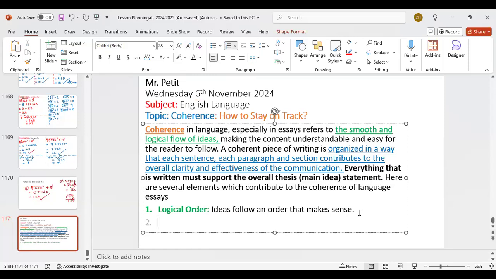The second thing is effective, we talked about this earlier, effective what? Transitions. Effective transitions.